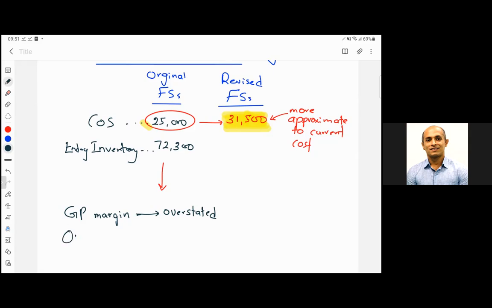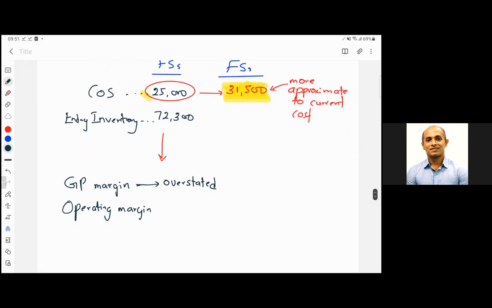Similarly, operating margin and net profit margin will all be overstated.